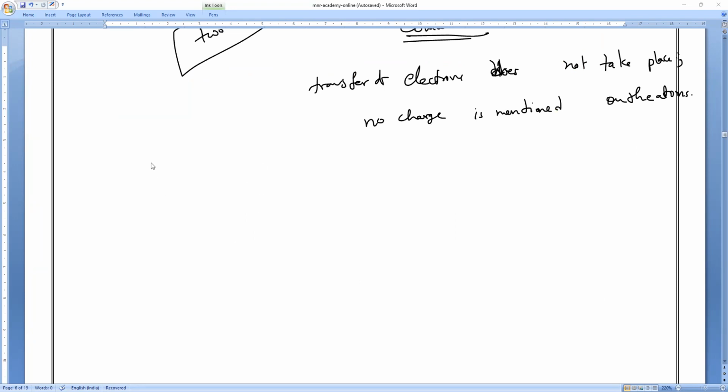Now, what are the steps you need to follow while writing the chemical formula of a covalent compound? Only 2 steps. Step number 1: valencies are placed below the atoms, directly. No kind of positive, negative.